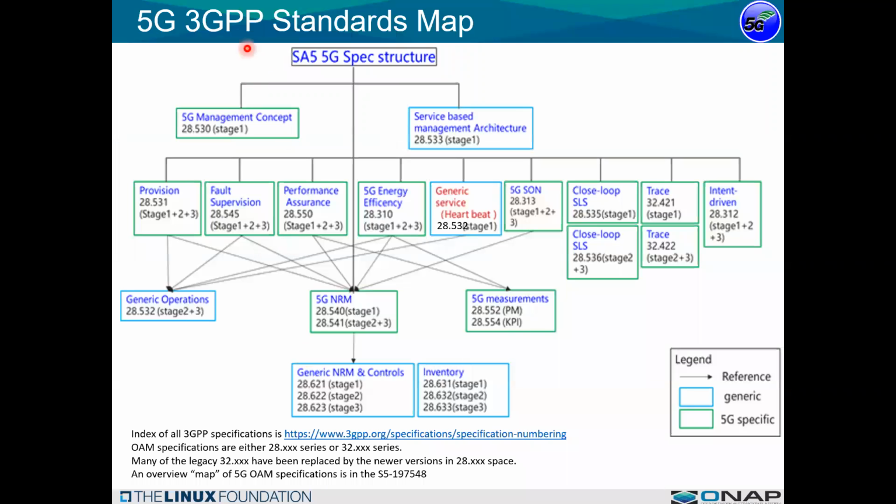Here's a 3GPP standards map. It's from the S5197-548 document. And it gives you a sense of, if you look in the 3GPP standards, the OAM specifications are the 28 or 32 series. There are 160 28 series documents and 460 32 series documents.